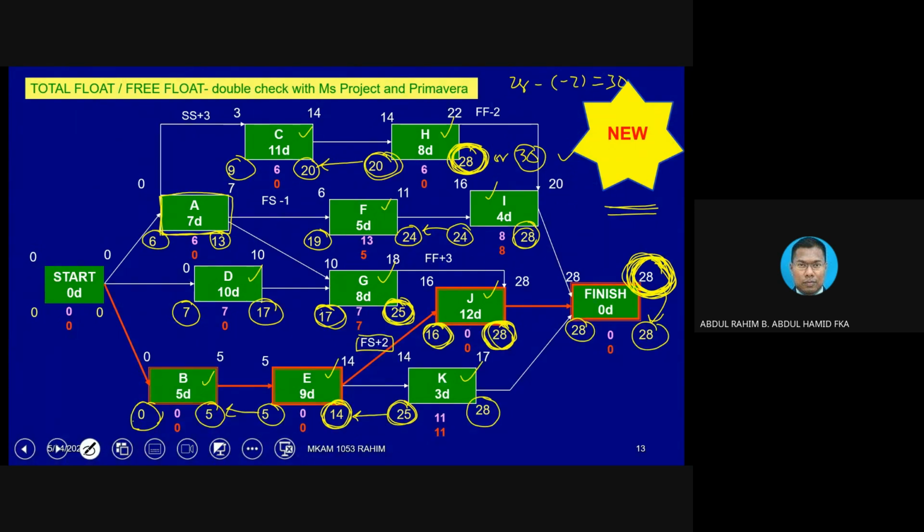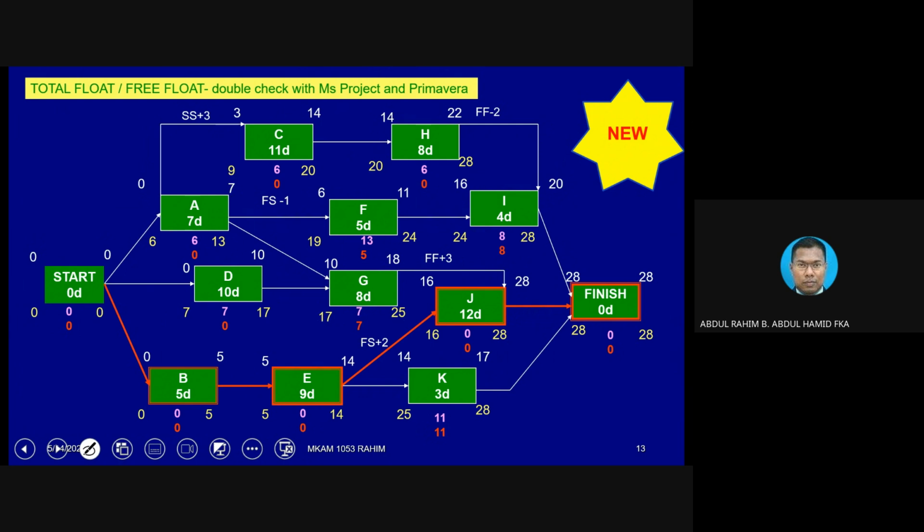We need to evaluate 3 lines: one coming from C, one coming from F, and one coming from G. Step by step, then only we choose which is the lower value. Okay, now let's focus on this one, A.